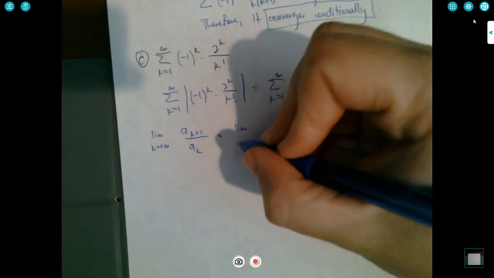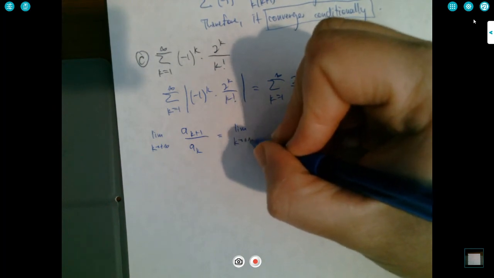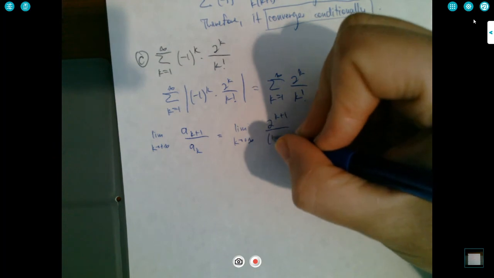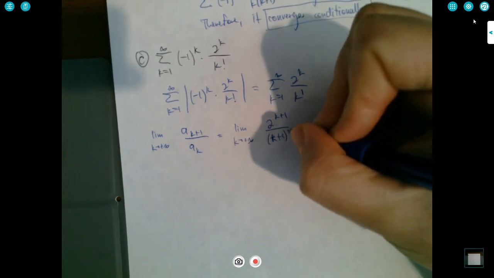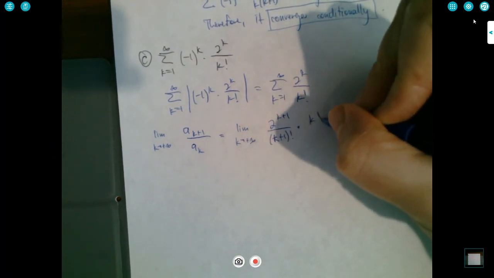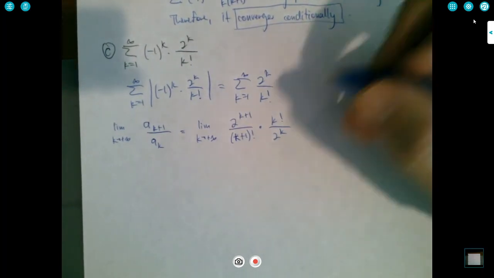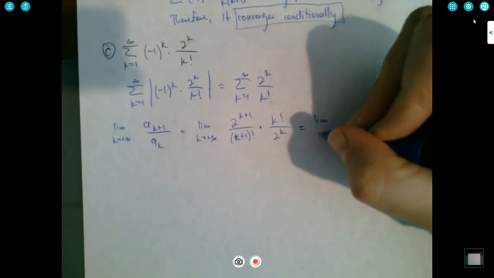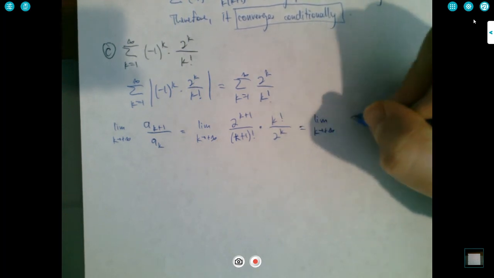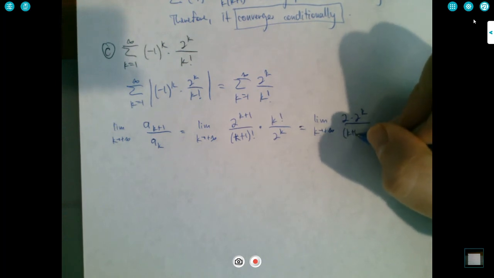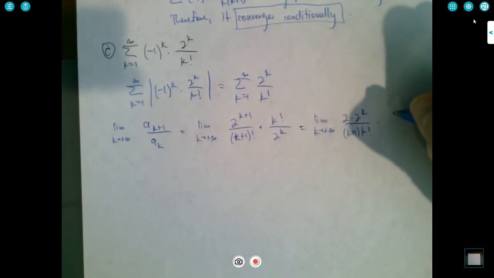So that's the limit as k goes to infinity of 2 to the k plus 1 divided by k plus 1 factorial, times k factorial over 2 to the k. And that's 2 times 2 to the k over k plus 1 times k factorial.